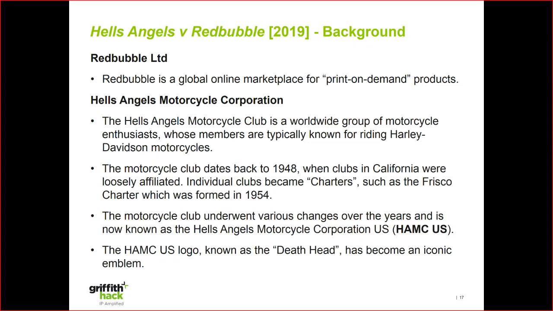Eventually it got more and more popular, and they created the Hells Angels Motorcycle Corporation in the US, and they had their famous death head logo. The corporation or the charters also expanded into Australia, where they set up different clubs, which eventually changed into corporate entities.